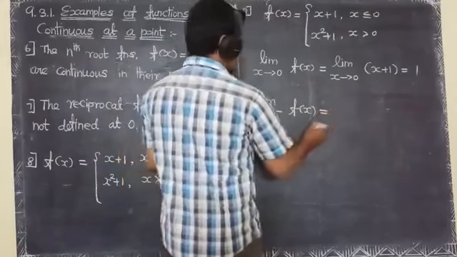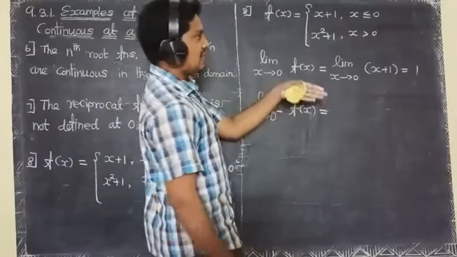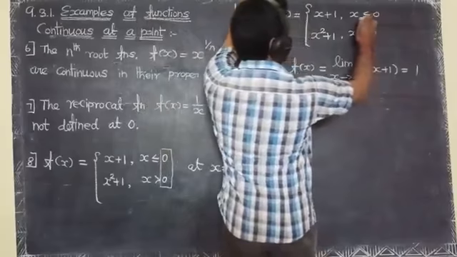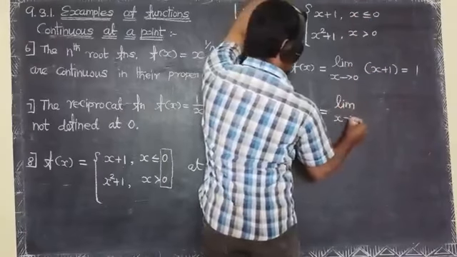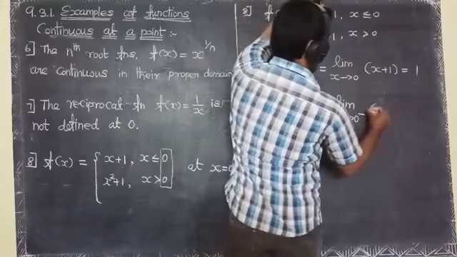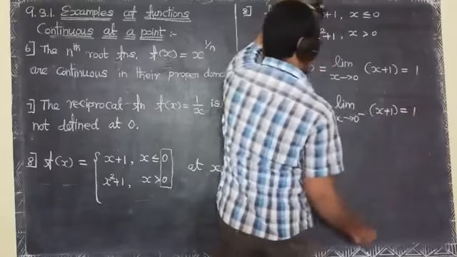Next, to find the left hand limit, that is limit as x approaches 0 minus of f of x. 0 minus means x approaches 0 from the left side, so the suitable function is x plus 1. Replace x equal to 0 into the function: 0 plus 1 is 1.